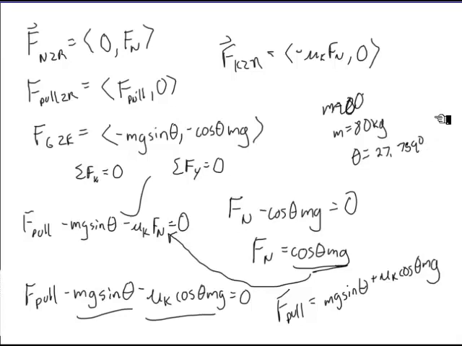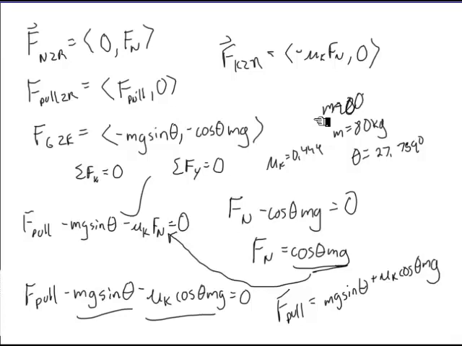So putting that all together, times sine, mu k from the problem statement is 0.44. So plug that in too. So just cosine times 80 times 9.8.